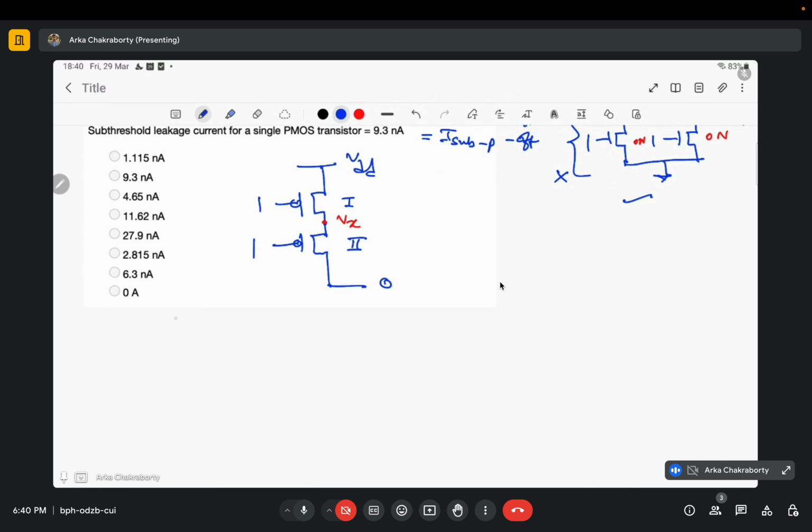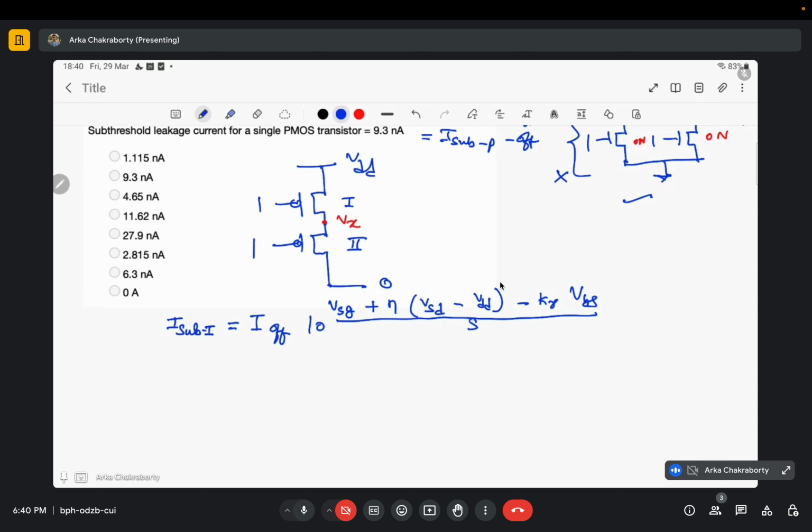So for transistor 1, my subthreshold current I sub 1 would be how much? If you remember the formula that I have just written, and for PMOS, let me write the formula again, it will be easy for you. VGS would become simply VSG, eta VDS would become VSD minus VDD, and K gamma VSB would become VBS.